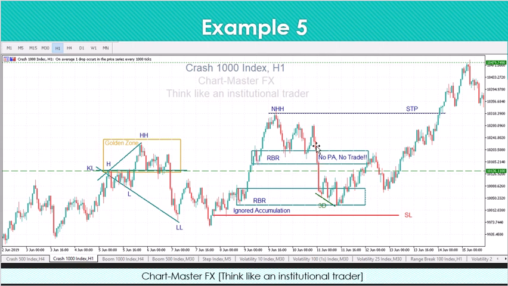Once this demand was broken, the price went to look for this decision point. This one you would have filtered, because as I said, when there is no PA, there was no call. There was no PA here, there was no PA here. So this should not have been a trade.